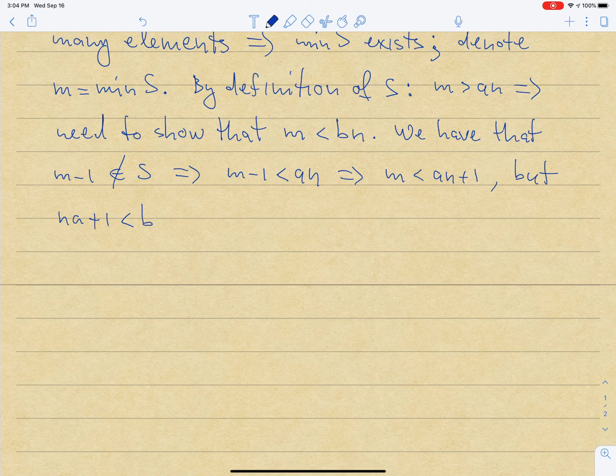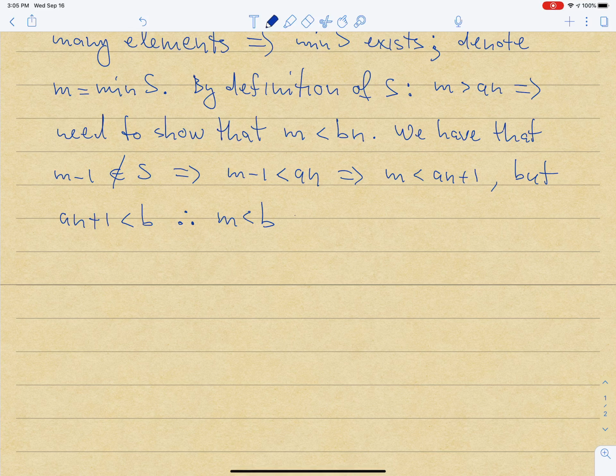Okay, so if m is less than an plus 1, and an plus 1 is less than bn, we conclude by transitivity of ordering that m is less than bn.